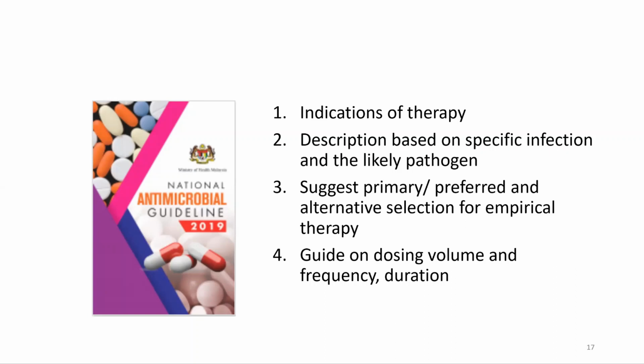The guideline also lists the likely pathogen that caused that specific infection, and it suggests the primary or preferred and also alternative selections for empirical therapy. And it is complete with dose, volume, and frequency also. Some of the infections also mention the optimal duration of treatment. So please make full use of this if you don't have your local hospital antibiotic guideline.